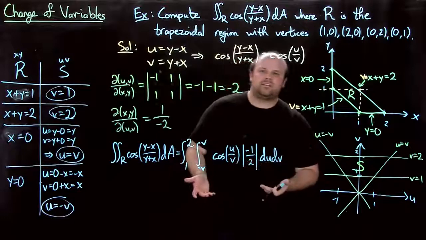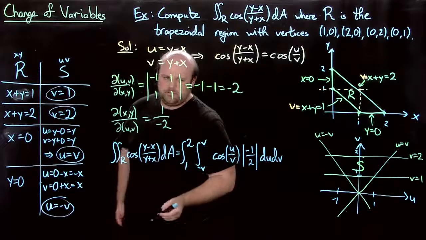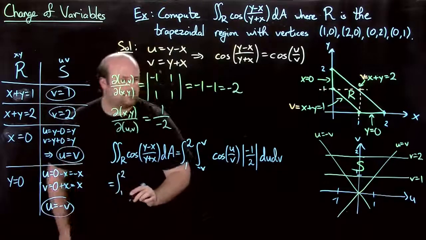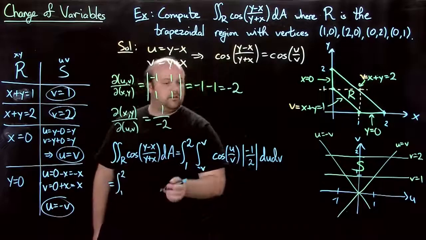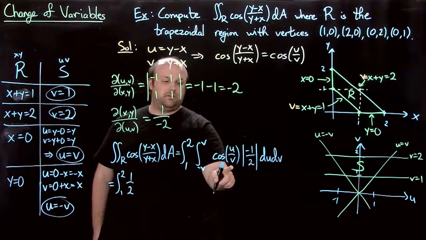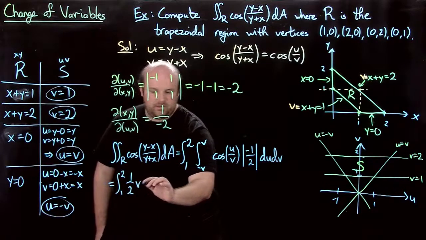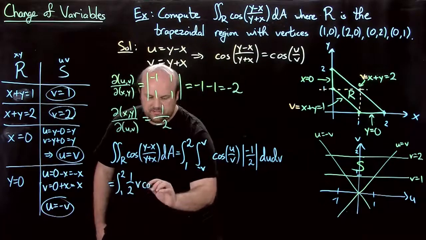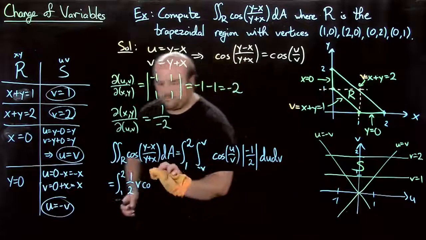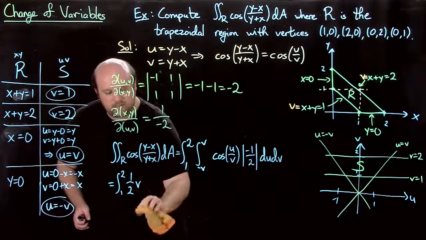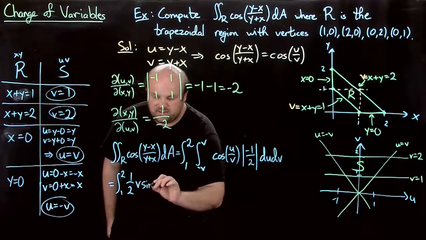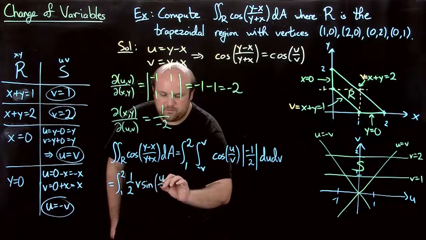And then this shouldn't be a very difficult integral to compute. So from 1 to 2, 1/2. If we integrate this with respect to u, we get v sine, not cosine. Oops. v sine of u over v.